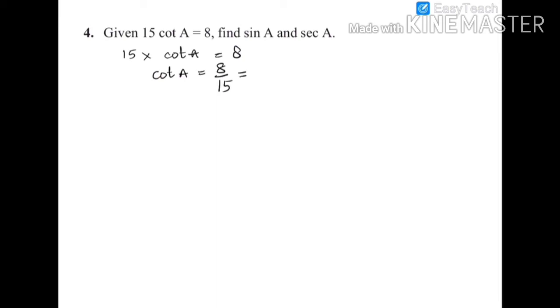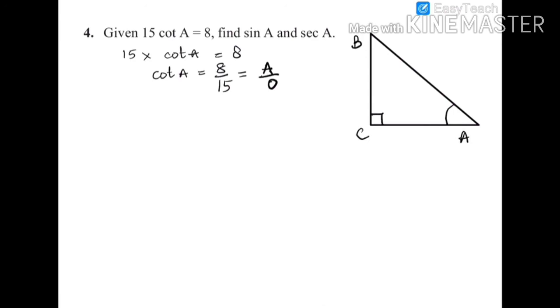And we know cot A is adjacent upon opposite side. So let's first draw a right triangle and mark angle A. So the side opposite to angle A is BC, the adjacent side is AC, hypotenuse is AB.